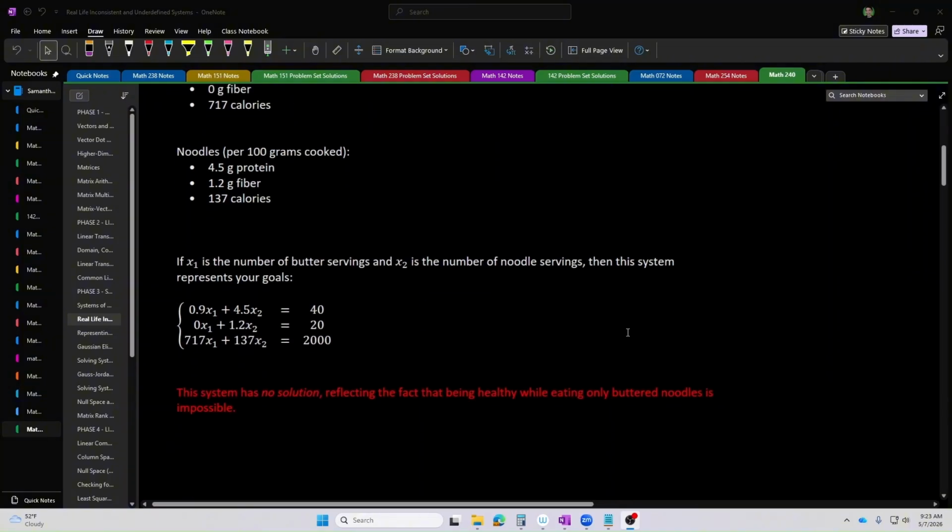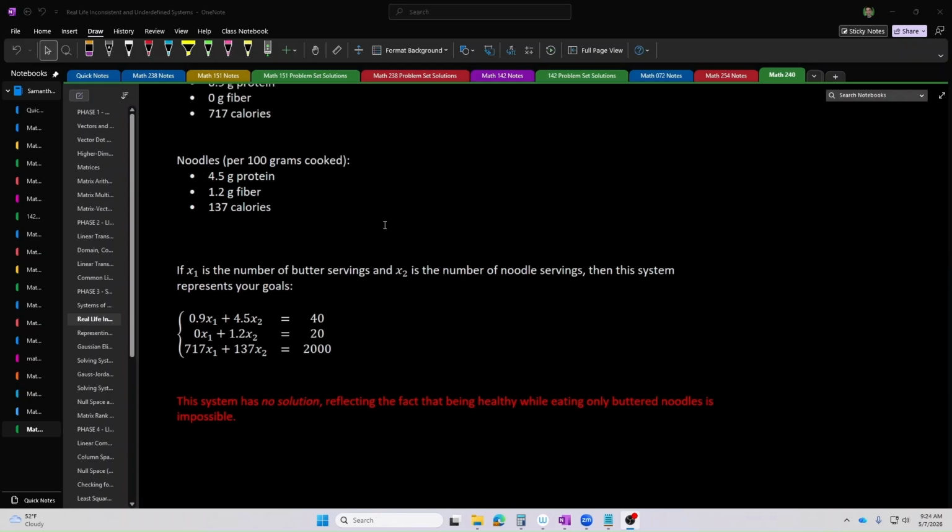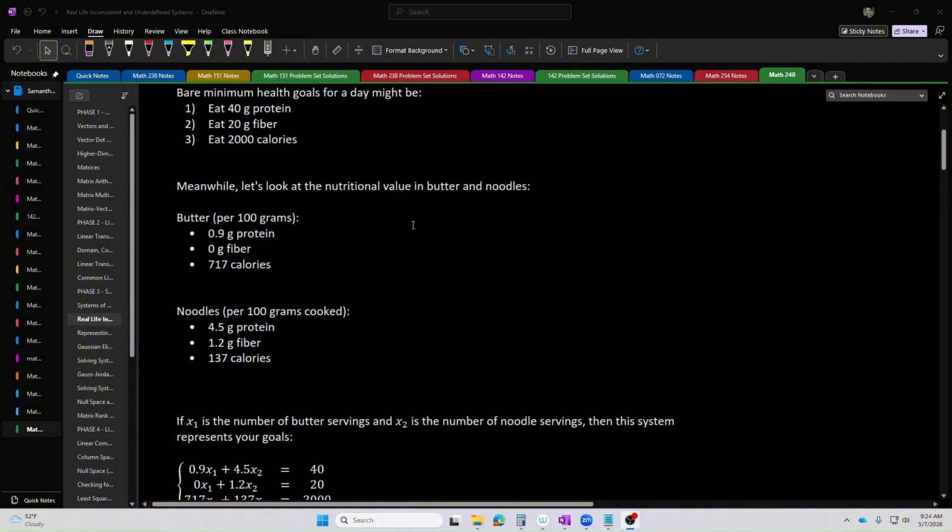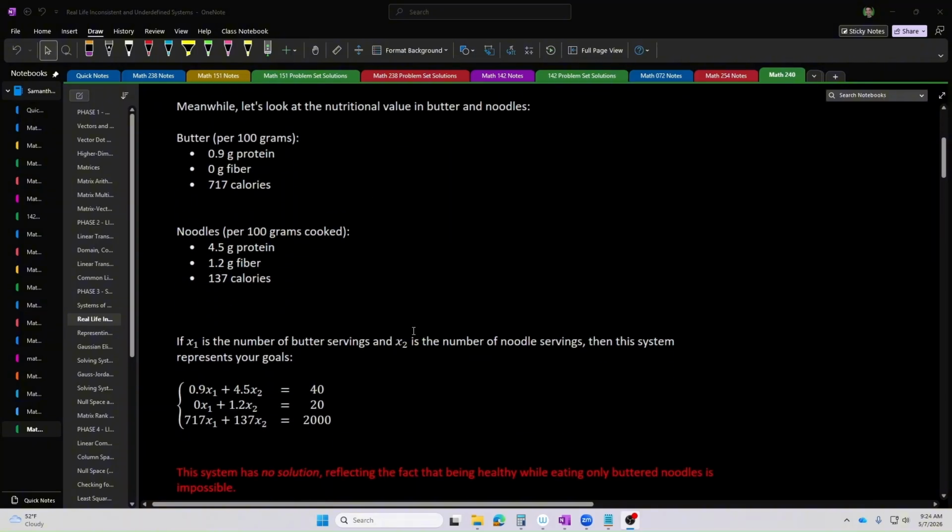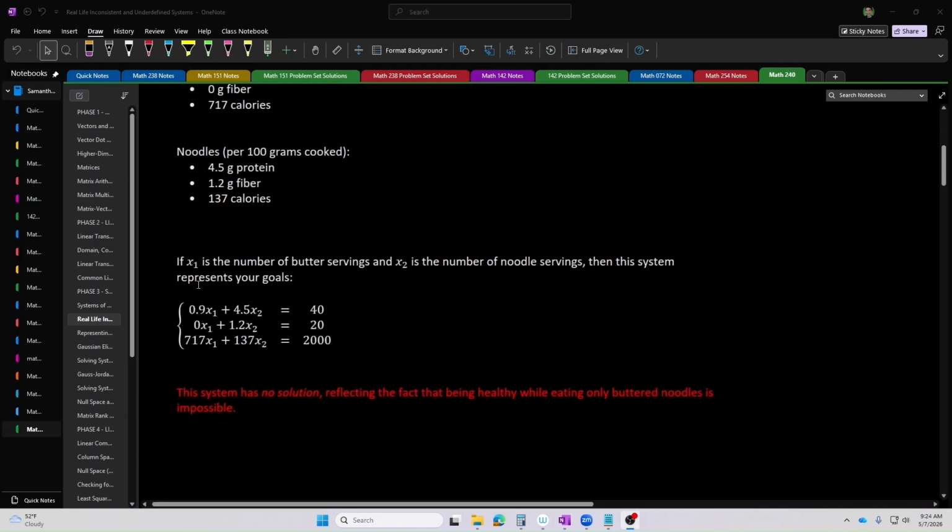If you look at the nutrition in noodles, 100 grams cooked, that contains about 5 grams of protein, about 1 gram of fiber, and about 137 calories. So if we let the variable x1 represent the number of servings of butter that you consume in a day, and you let the variable x2 represent the number of servings of noodles that you consume in a day, then this system would represent your goals.